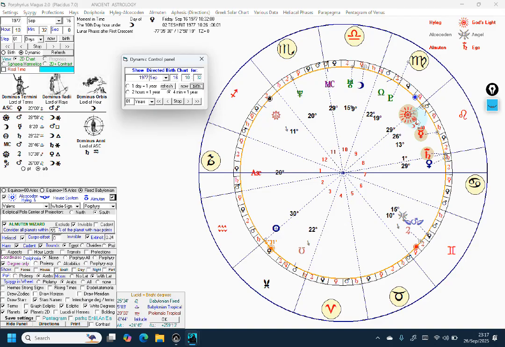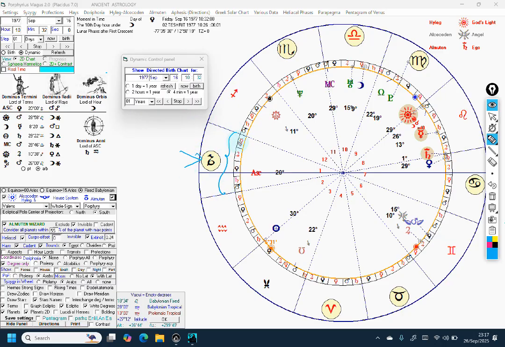Now, if you see my screen, this is the typical chart, just a sample chart. Now, if you see every sign, say, for example, let's take Capricorn as an example.